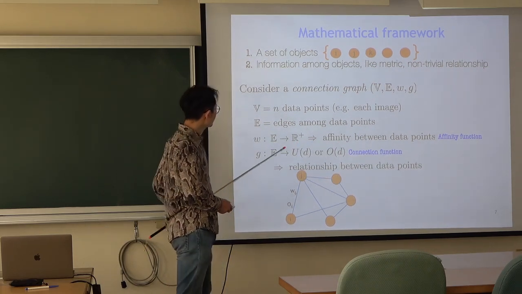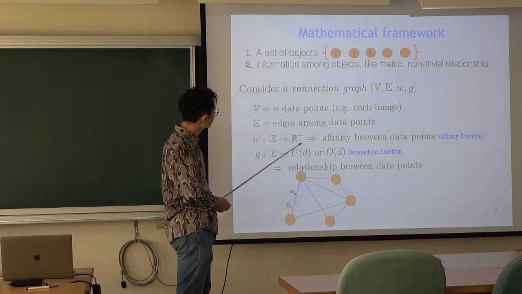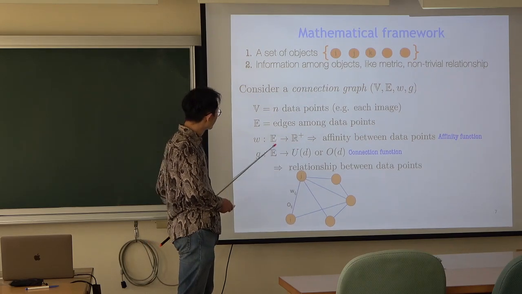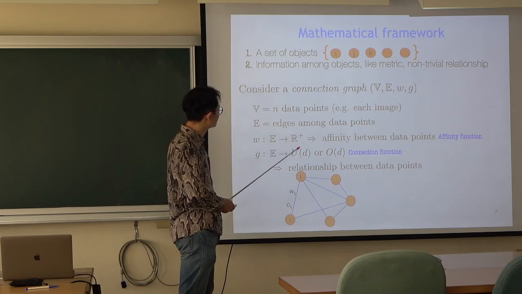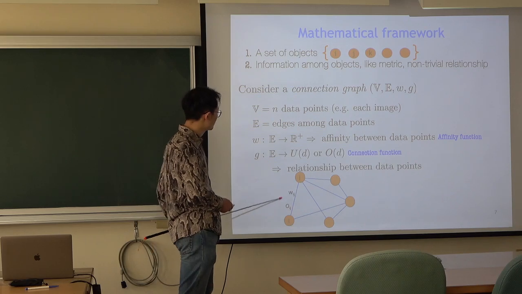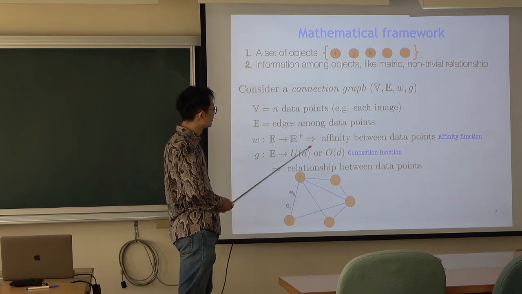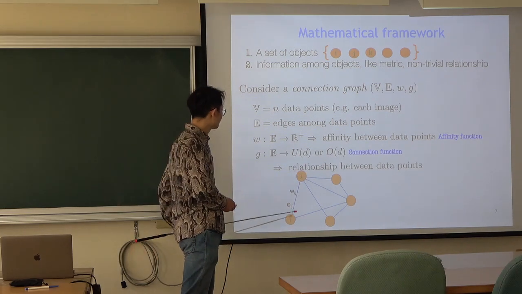What is it? It is actually a group valued function defined on the edges. That is, at each edge, we not only have the affinity, which is a positive value Wij describing how close two points are, we also have a group function describing the relationship between two objects.